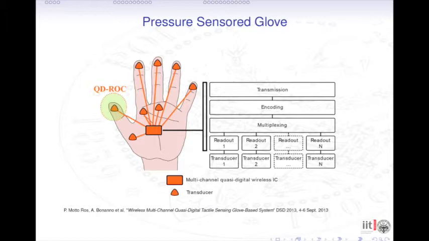The pressure sensor is built with nanomaterial, and also a specific quasi-digital ROC transmits the signal to a central unit, where an arbiter and an encoder are implemented, and then a wireless transmission of the signal has been implemented using impulse radio ultra-wideband. So it is a technology that can be used for different kinds of application.